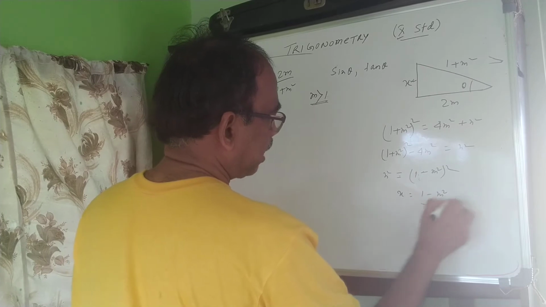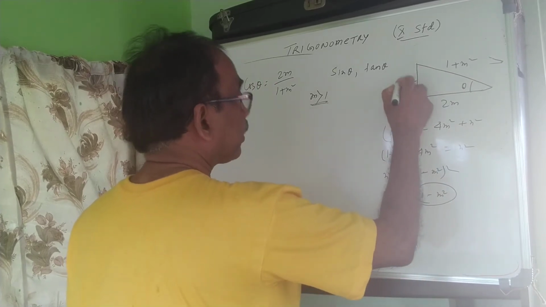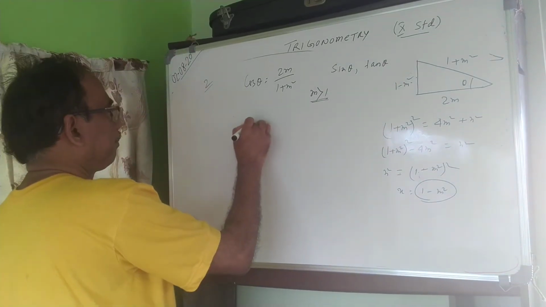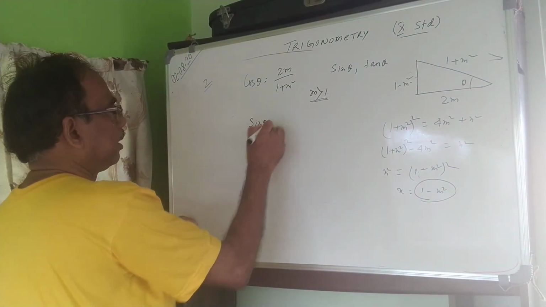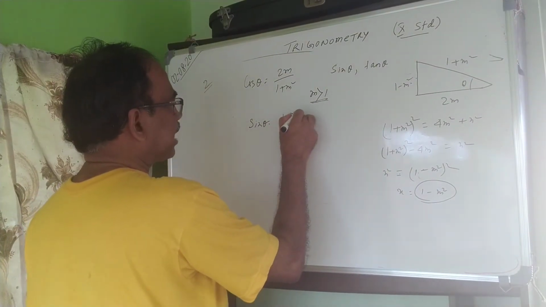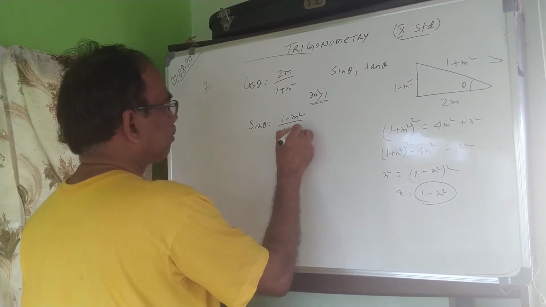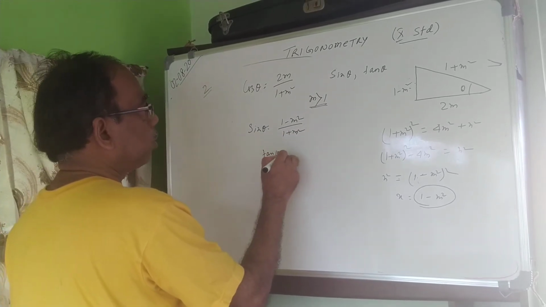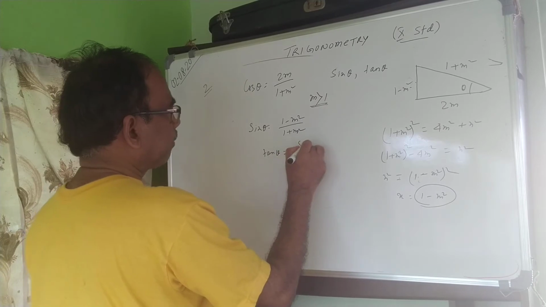Square root of this is the value of x. Now sin theta is perpendicular by hypotenuse, that is 1 minus m square by 1 plus m square, and tan theta equals sin theta by cos theta.